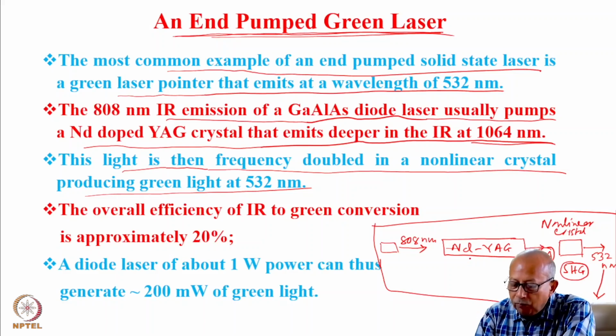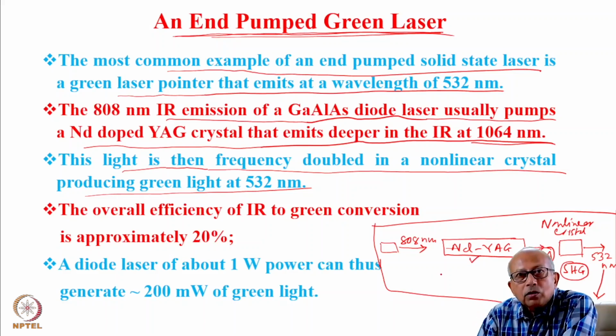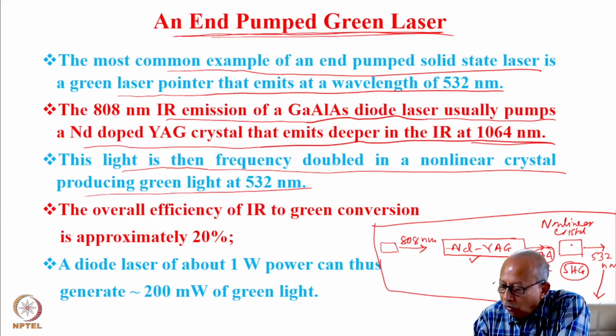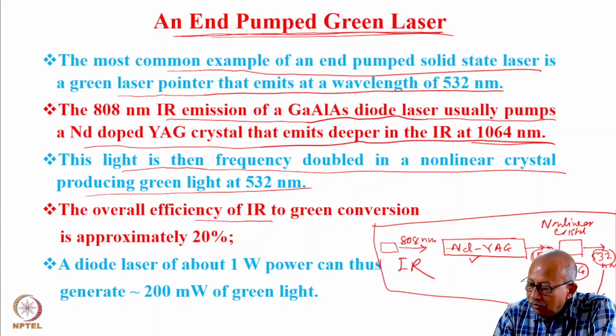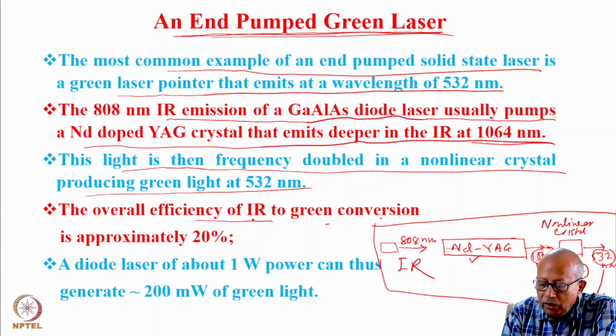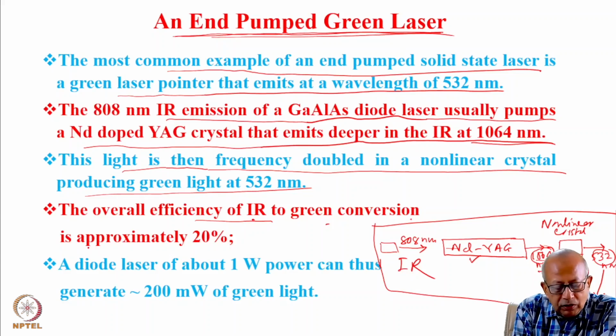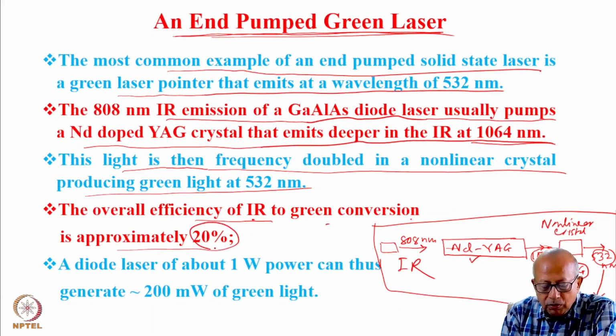Basically you have two different components. One is the solid state laser, which emits at 1064. Then there is a nonlinear crystal which frequency doubles this 1064 nanometer to green light. The overall efficiency of infrared to green conversion can be as large as 20%.